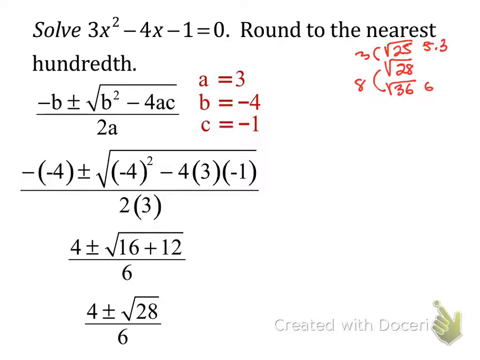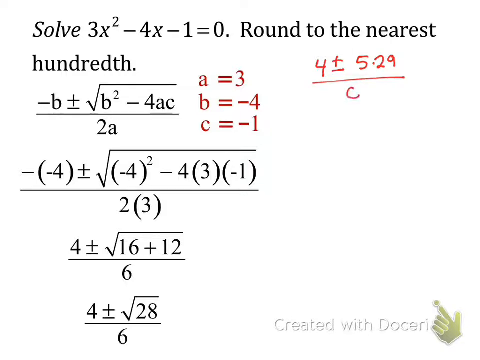Now, this is an estimation, and I will allow you to go to the tenth. Okay, so if I have 4 plus or minus the square root, which would be 5.29, all over 6.